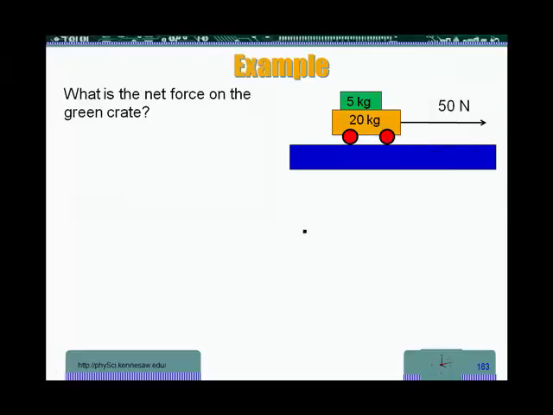Now, the question is, what is the net force on the green crate? That's going to require a little more work. How do we find how much is the net force on the green crate?